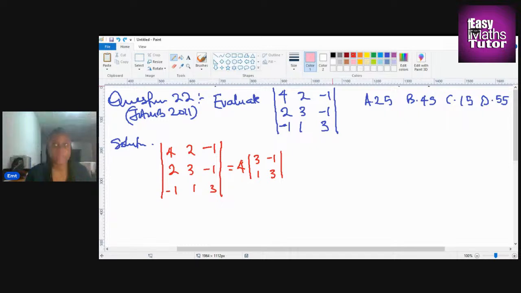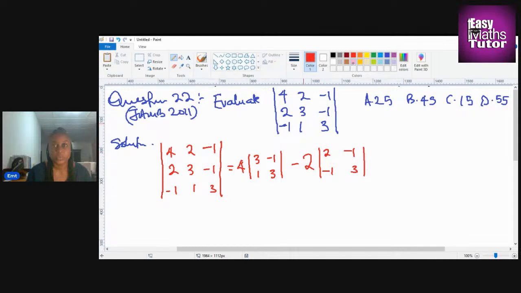Then we have minus 2. We'll have to subtract the next one. Minus 2, 4, 2, minus 1, minus 1, 3.